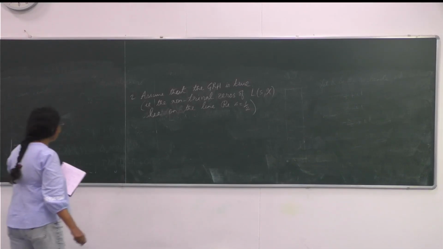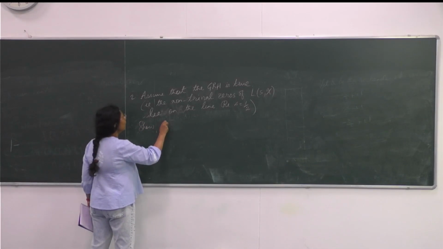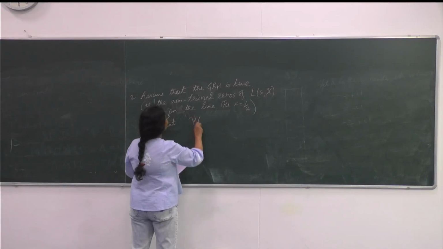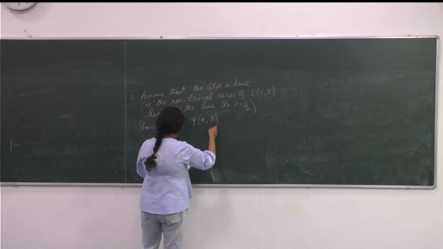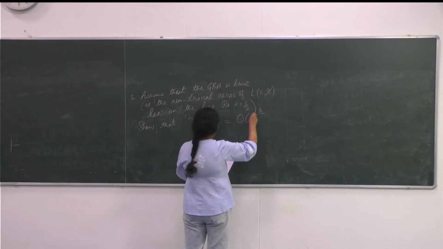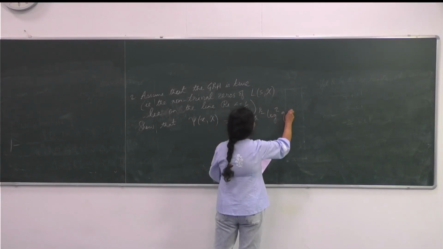Now show that the explicit formula that we have found, this psi(x, chi), is equal to big O of x to the power half log squared qx.